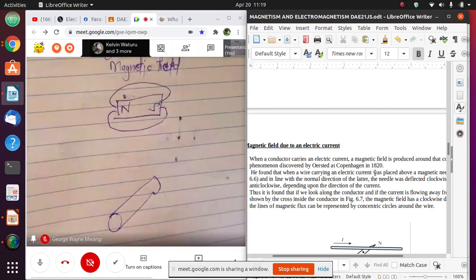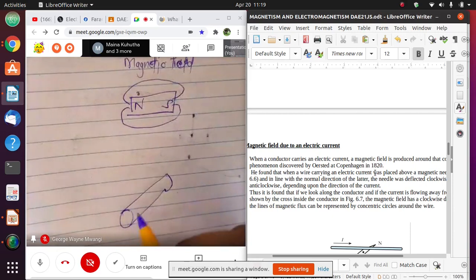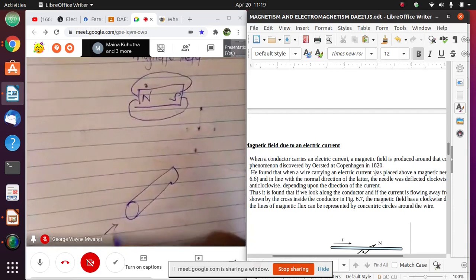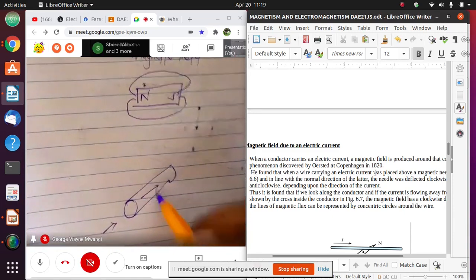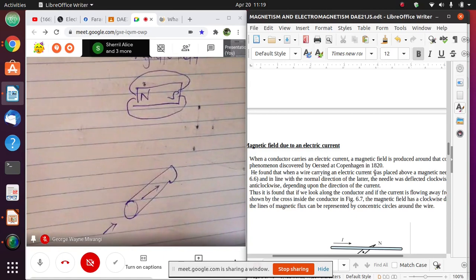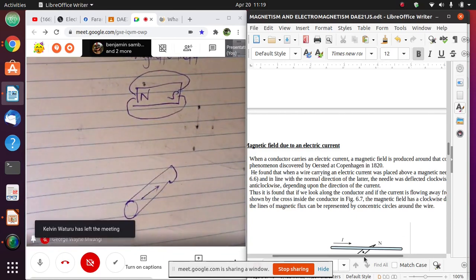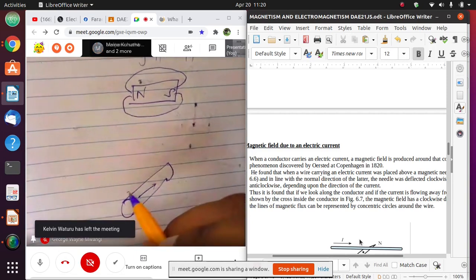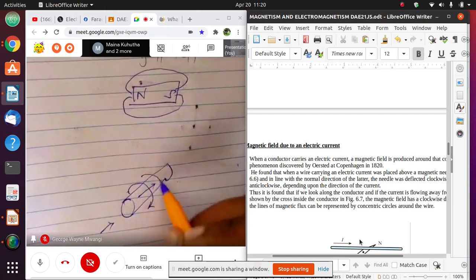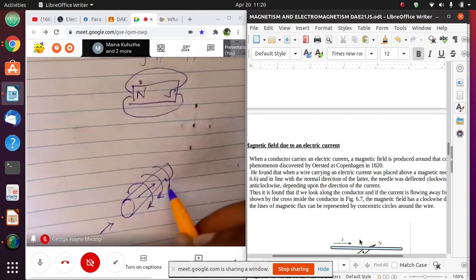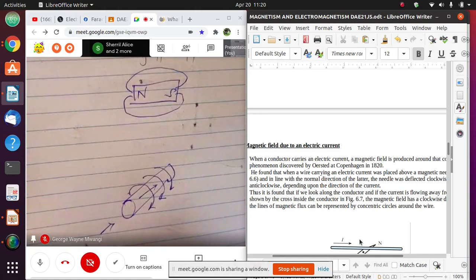That is our conductor, and we are looking at it from this direction, and the current is flowing in that direction. The direction of the magnetic field in that conductor will be clockwise.